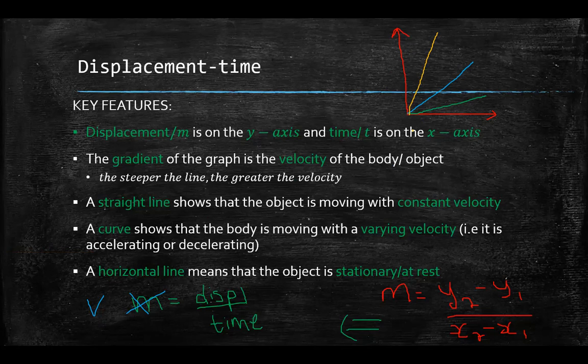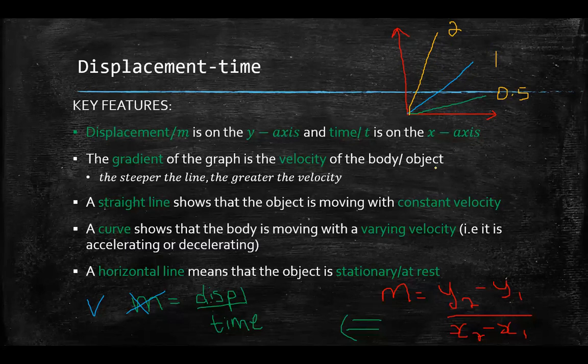When we were doing coordinate geometry, we said the steeper the line, the greater the gradient. So the value for this gradient, let me just say it's 0.5, would be less than the value for this gradient, let's say it's 1. And then this would be less than the gradient for this one, because this line is the steepest. It's 2. So as the line gets steeper, the gradient increases. So what does that mean?